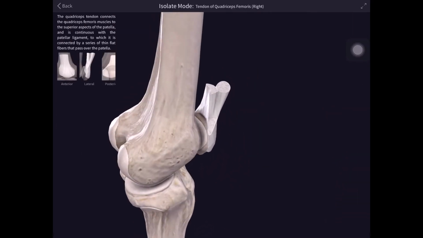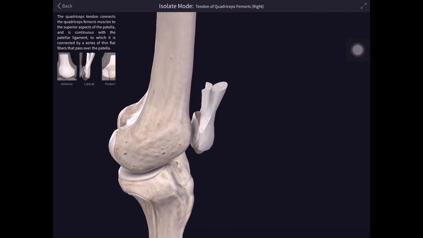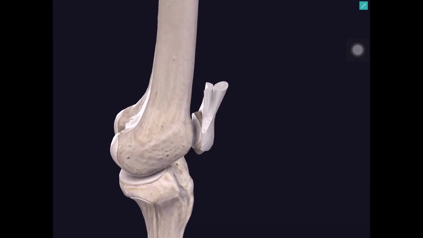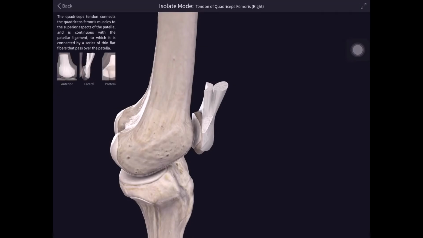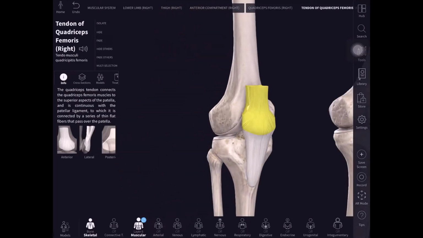Here you can see the superior border, or the base of the patella. In the front you have the rectus femoris tendon. The muscle is not shown here. At the back you have the tendon of vastus intermedius. These are the two tendons which come down and insert into this.